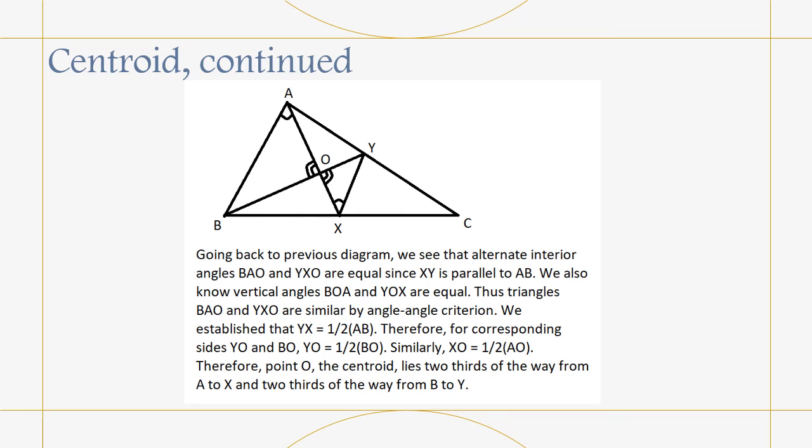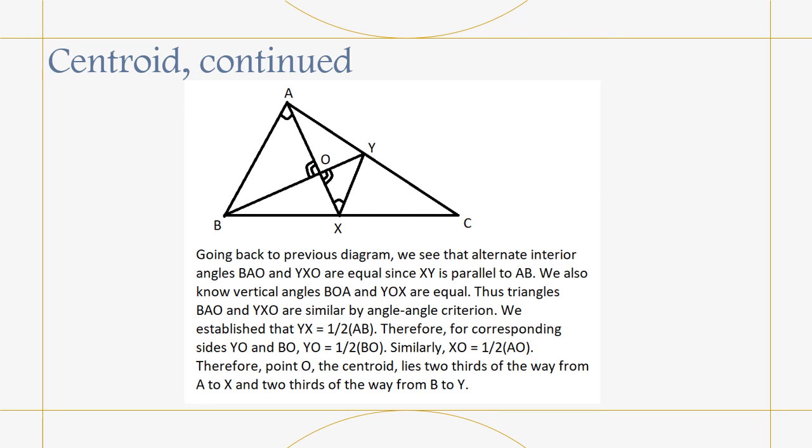We reintroduce the medians to the diagram. We know that the alternate interior angles BAO and YXO are equal since XY is parallel to AB. We also know that vertical angles BOA and YOX are equal. Thus, triangles BAO and YXO are similar by angle-angle. We previously established that YX was 1/2 AB because this is still the same diagram we've been working with.